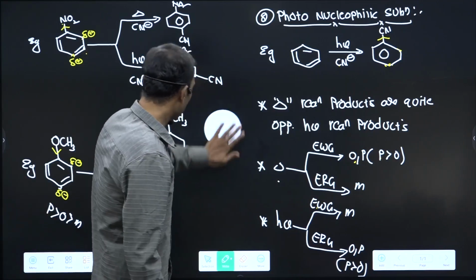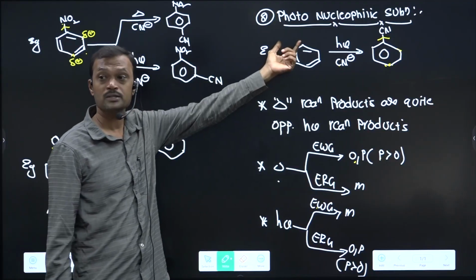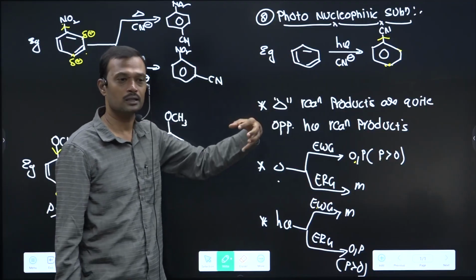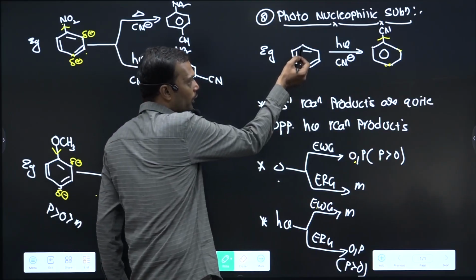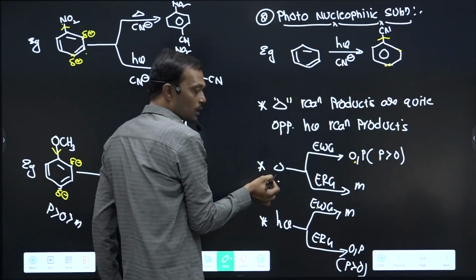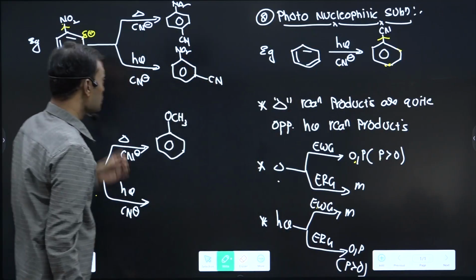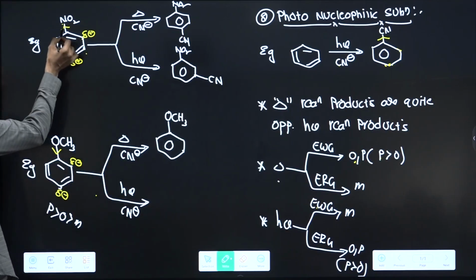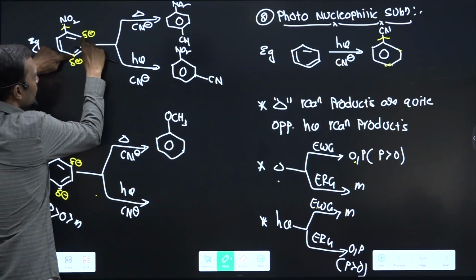So these points are very, very helpful for the basic property of any benzene substitution. When a benzene substituent carries a donor or withdrawing group, that is the normal thermal condition. For photochemical, they will mention directly. Suppose it is an electron withdrawing group, it decreases electron density at ortho and para.